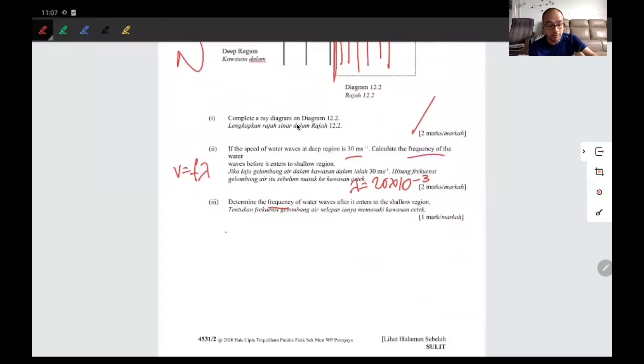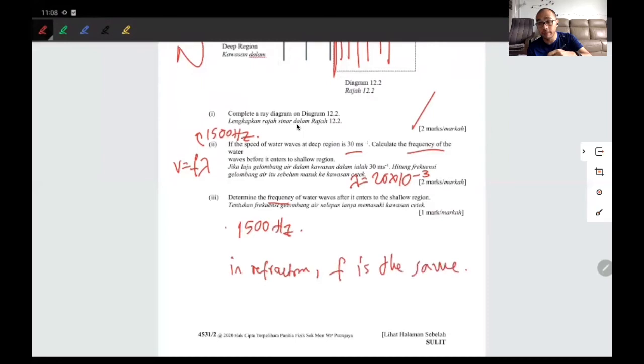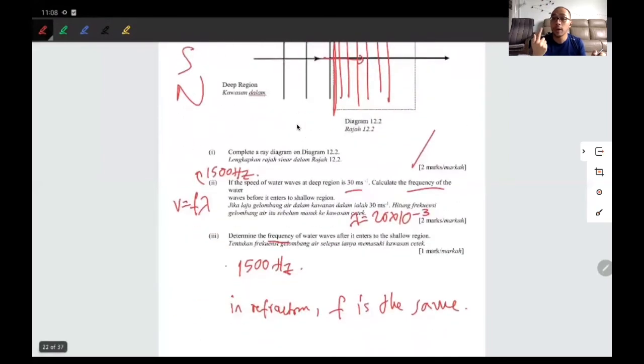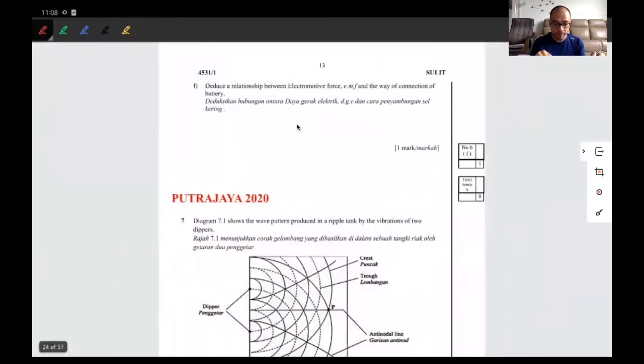So the answer for number 2 is 1500 hertz, which is the same as answer number 3, 1500 hertz, because in refraction, f is the same. Be careful with this. That's why it's only 1 mark, because dia ada pengiraan. Tinggal kau beri jawapan saja. All you have to do is understand that the frequency in the shallow region is the same as in the deep region.